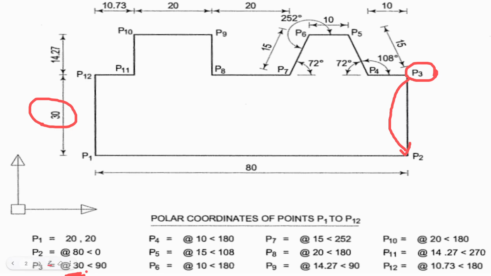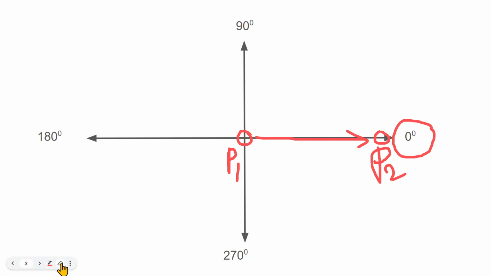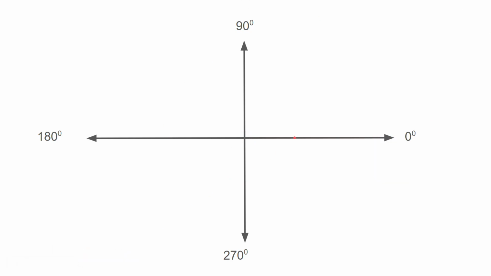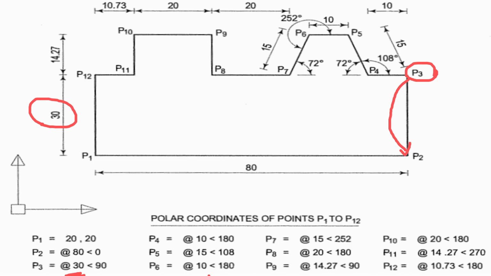Now at the rate 30, and if I represent P2 to P3 here, I already said the starting point is P2 because we are writing for P3, and P3 will be here. That means we are moving from P2 to P3 along 90 degrees. So we'll be writing the angle as less than 90 degrees.